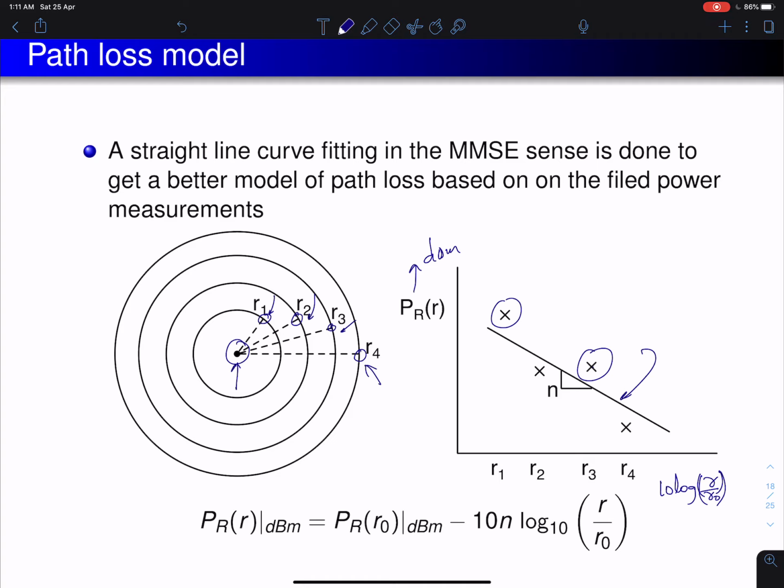You just have to fit a straight line such that you minimize the mean squared error, in the MMSE sense. You find the distance between the points and the straight line, and ensure that the error is minimized in a minimum mean squared error sense. Then, using that straight line, you know the path loss exponent from that graph. That path loss exponent is what we'll be using for estimating the received power.